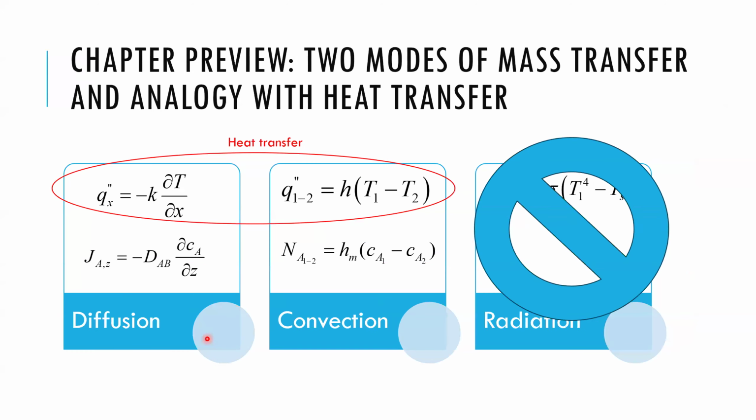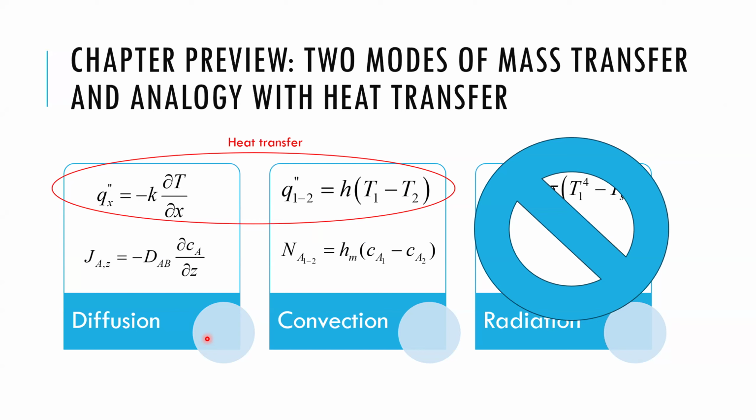So if you recall, in heat transfer, we talked about conduction, convection, radiation. And we are saying mass transfer is analogous, except that we don't have radiation in mass transfer. Mass doesn't radiate. If mass is moving out, being thrown out, that we have to handle using laws of dynamics. So we don't think of it as mass radiating.